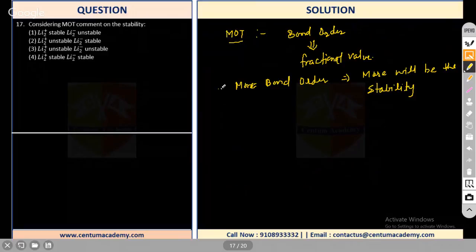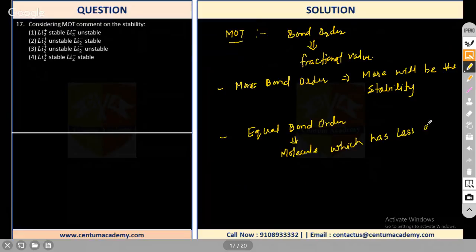Right? There are possibilities that two molecules will have equal bond order. So in case of equal bond order, the molecule which has fewer electrons in the anti-bonding molecular orbital will be more stable.